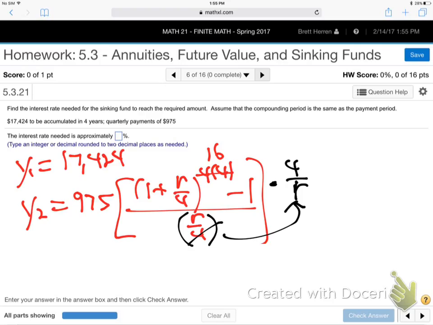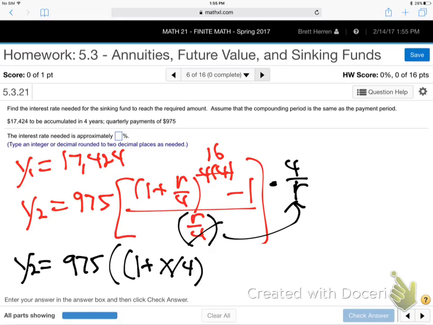So how do we type in y2? y2 is 975 parentheses, a second parenthesis, 1 plus x over 4 to the power of 16 minus 1, parenthesis around that all, times 4 divided by x. We use x for the graphing calculator.